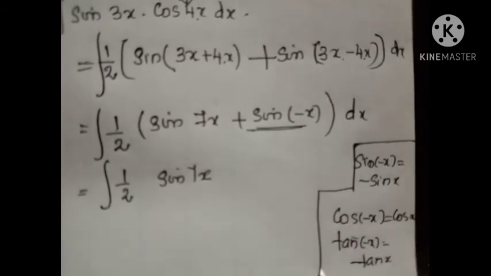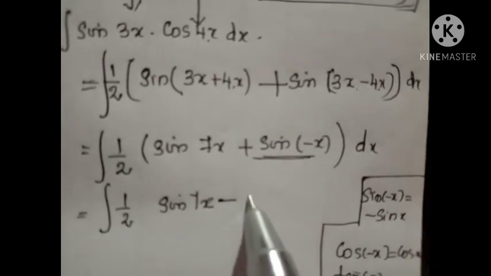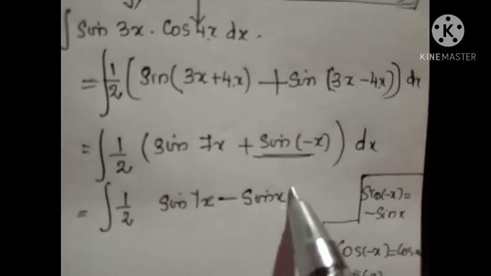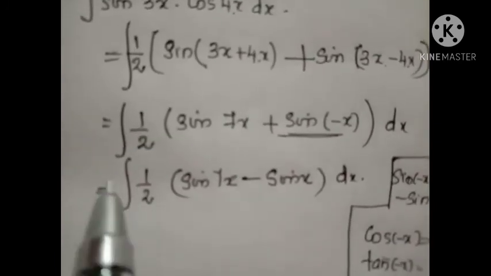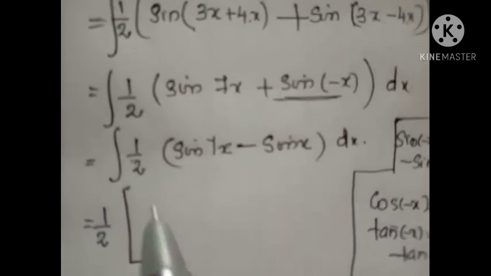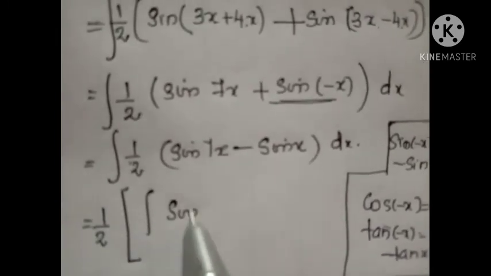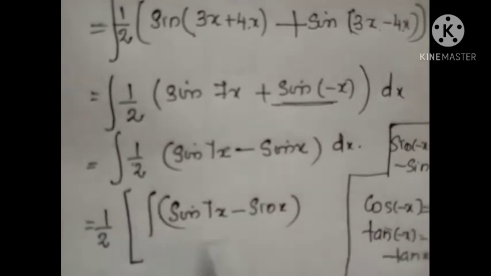Note down these formulas. So here sin minus x is minus sin x dx. Now take this 1 by 2 outside. So 1 by 2 into the integral of sin 7x minus sin x dx.